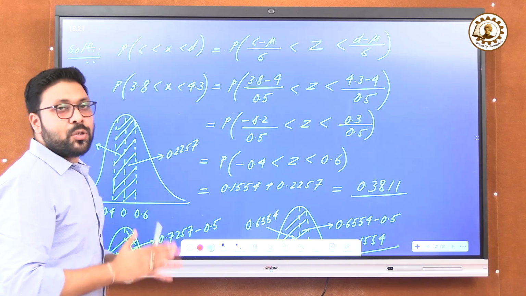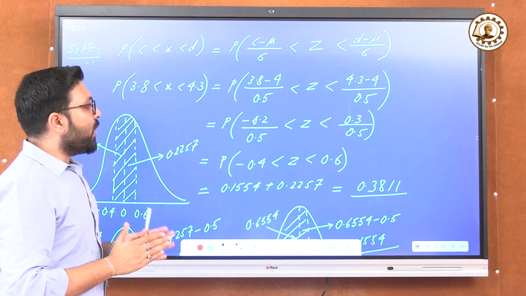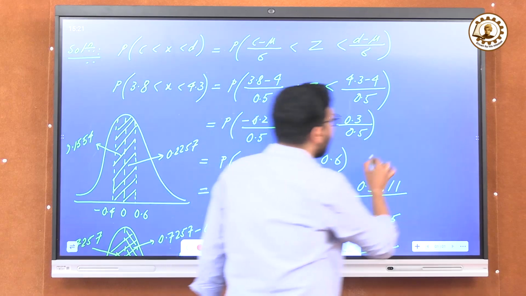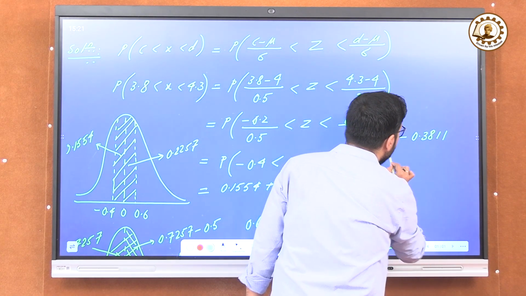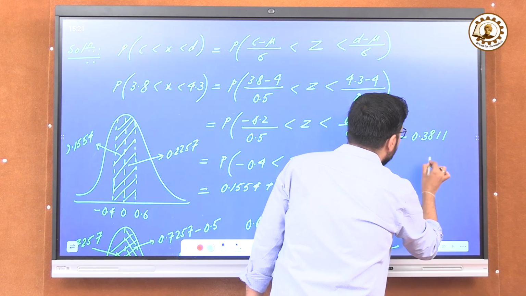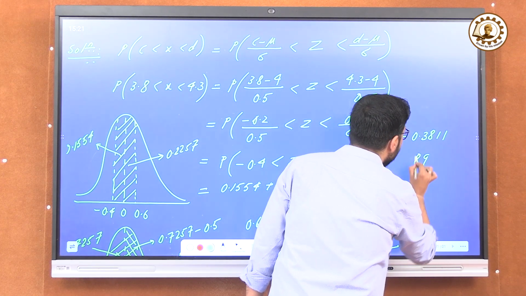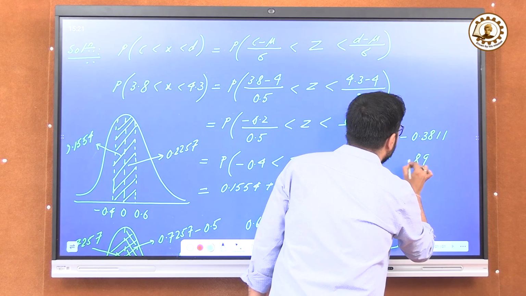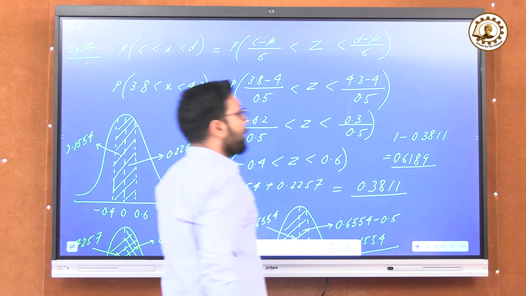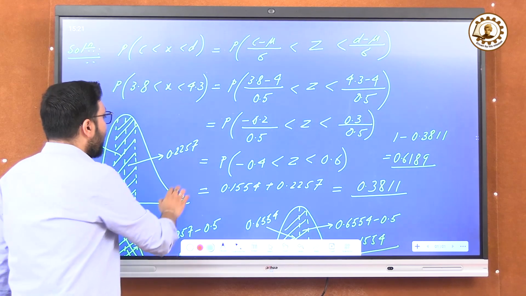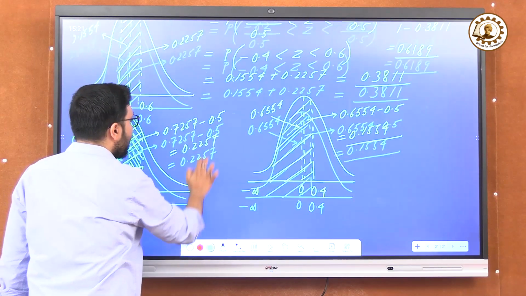So if it fails to lie within the specific region, the area will be 1 minus 0.3811, which is equal to 0.6189.